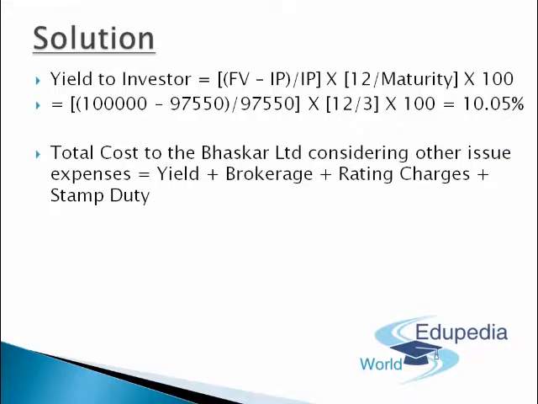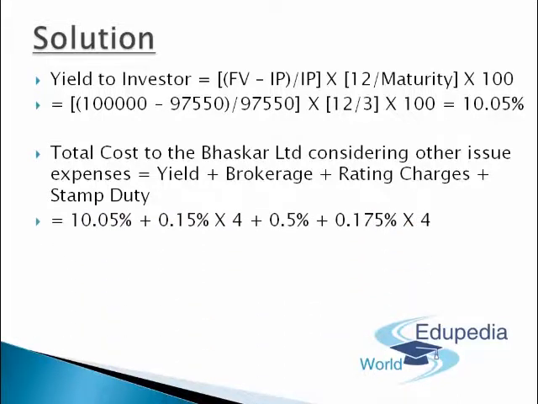So now remember, as in the last question as well, we'll have to compute the total cost to Bhaskar Limited considering the other issue expenses along with the yield. So it's not just the yield which is provided to the investor, plus the company is also losing on brokerage, rating charges and stamp duty. So overall, the total cost for Bhaskar Limited is 10.05% for yield to investor, 0.15% into 4 because that was for 3 months, so we'll have to compute that annually.